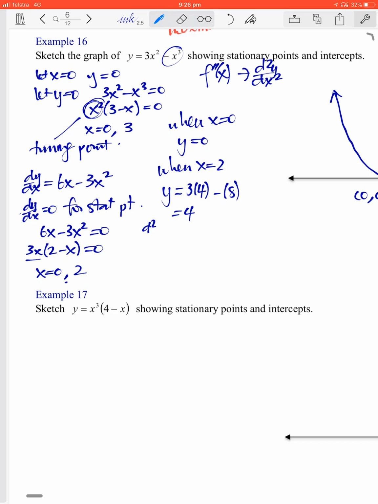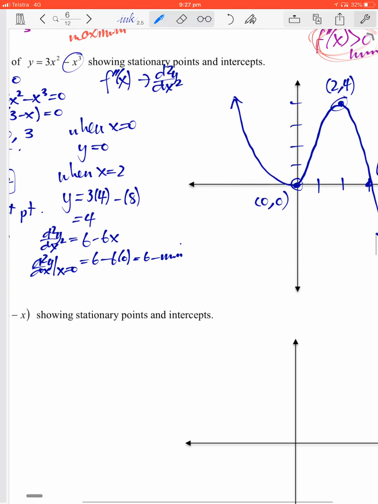So we say d squared y dx squared. My second derivative is the derivative of that, so it's going to be 6 minus 6x. If we find d squared y dx squared when x equals 0, we get 6 minus 6 times 0, which is 6. Because it's positive, it's a min, and look, it's a min.